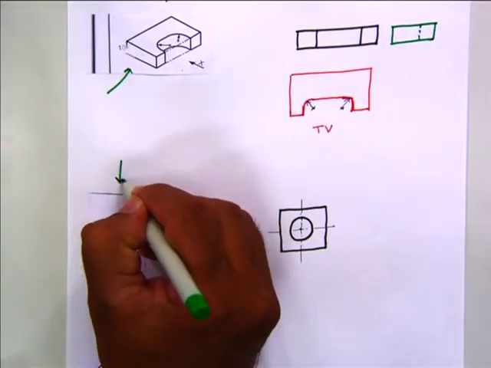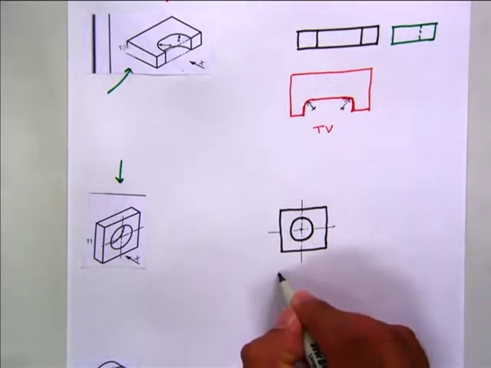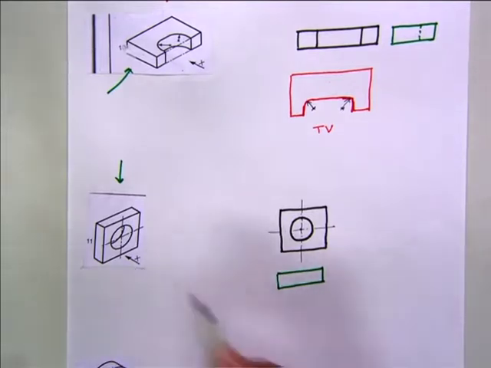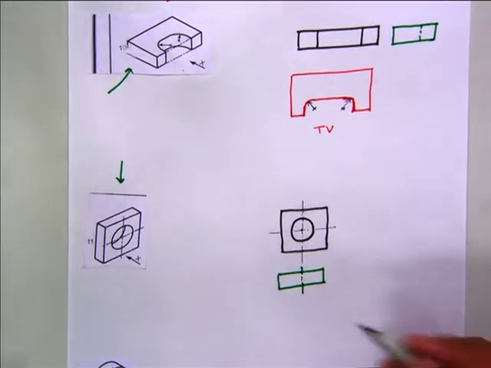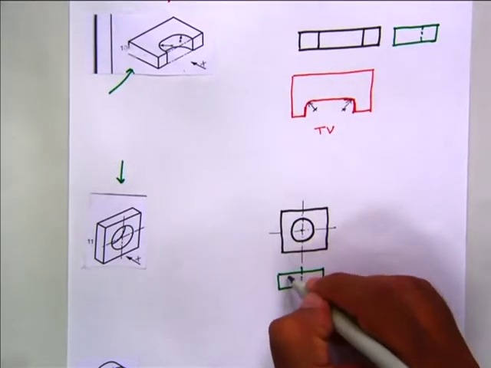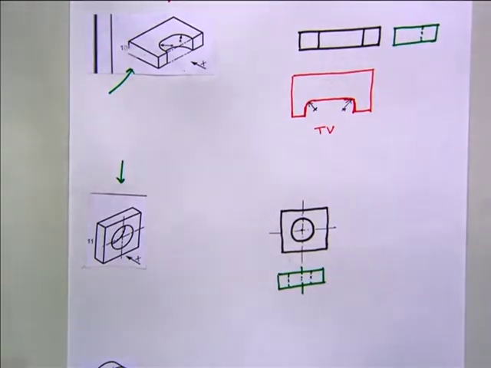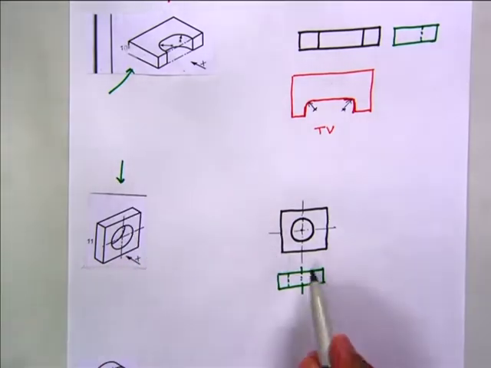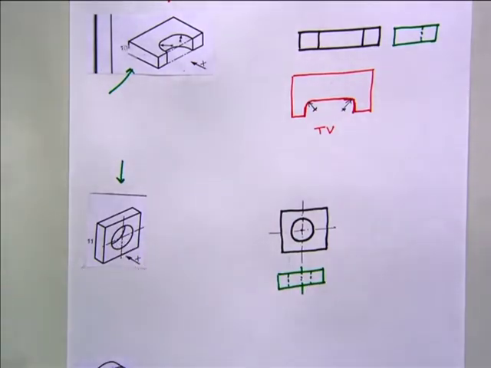When we are viewing from the top, you can see this rectangle with same center line and the projection of this hole, which you can show by dotted line. From the top you can only see the dotted line, because it is hidden behind this.